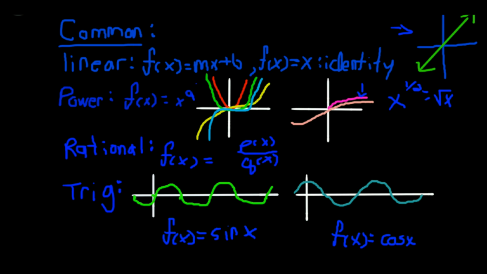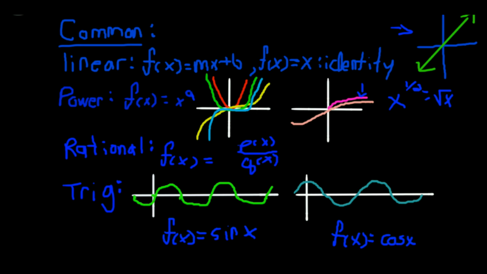And you can see that our domain and range are positive, so it never dips below the x-axis and it never dips behind the y-axis. And next we have x to the 1/3, and you can see that this is an odd function like its partner x cubed, so it is symmetric about the origin and also has positive and negative values.